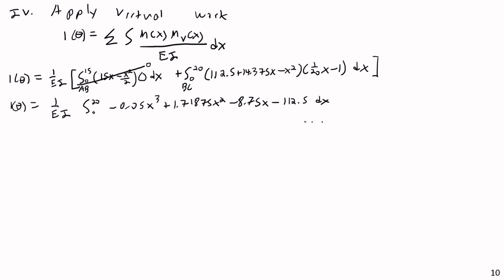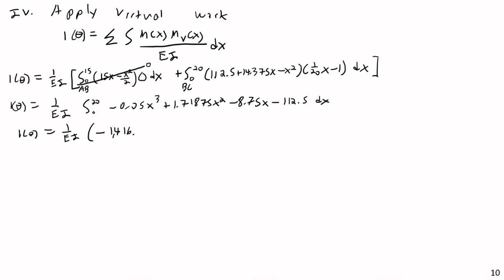And if you run through that whole integral, evaluate, etc., you will get 1 times theta. We still have 1 over EI, and everything in that integral collapses to negative 1,416.67.